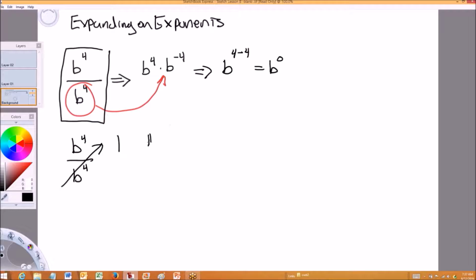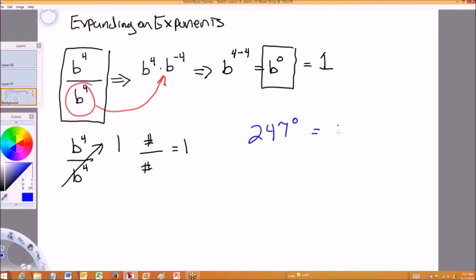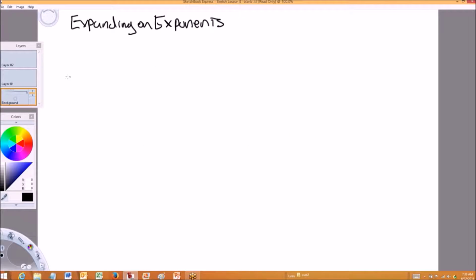Any number over the same number equals 1. So b to the 0 power equals 1, always, regardless of what the base number is. So we could say 247 to the 0 power equals 1.